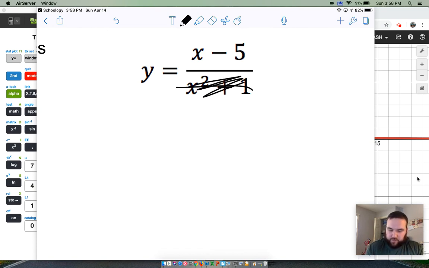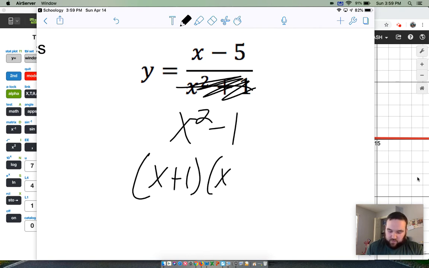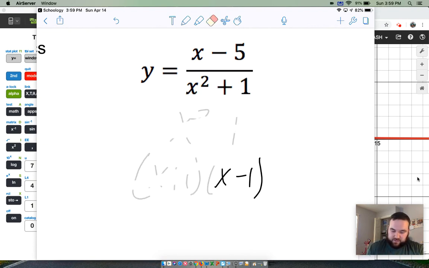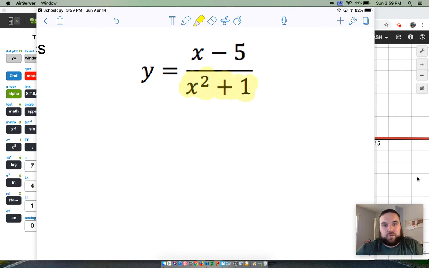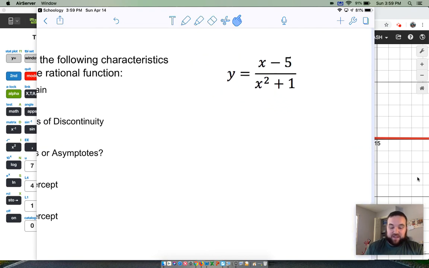Just real quick, if this was x squared minus 1 on the bottom, that would factor into (x plus 1) times (x minus 1), because those two numbers multiply to -1 and add to 0. The problem here is if I'm trying to factor this thing on the bottom, I need 2 numbers that multiply to 1 and add up to 0, and that actually doesn't exist, which means this thing can't be factored.